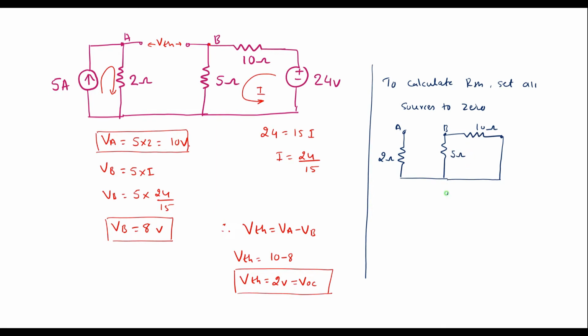So 10 parallel with 5 is equal to 50 divided by 15. So now the circuit will be reduced to this 2, and here we have 50 by 15, that is A, this is B. Therefore RAB is equal to 2 plus 50 by 15.